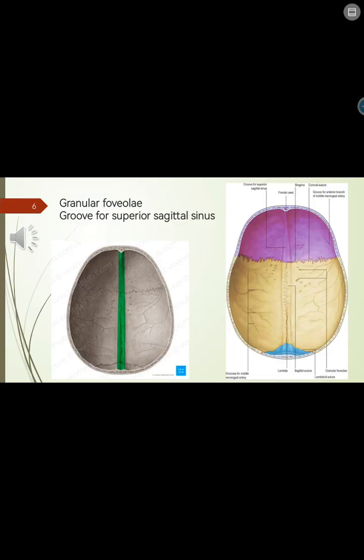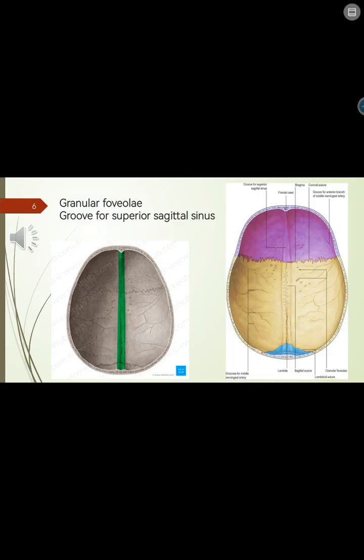Here we can see the superior sagittal groove in both pictures, on the internal surface of the parietal bone. Near the superior sagittal groove, we can see foveolar granulation or granular foveola.